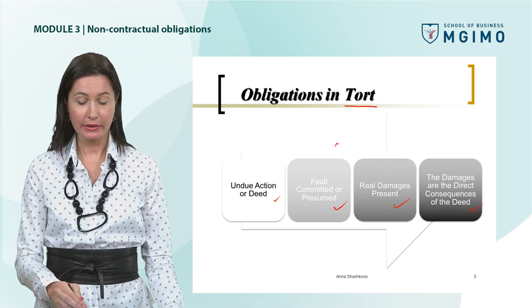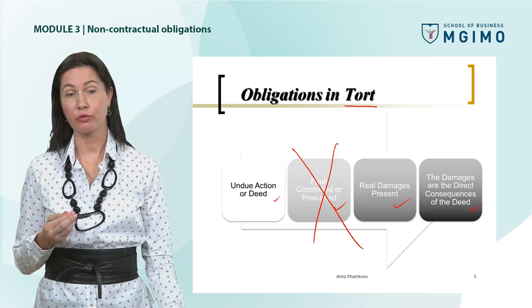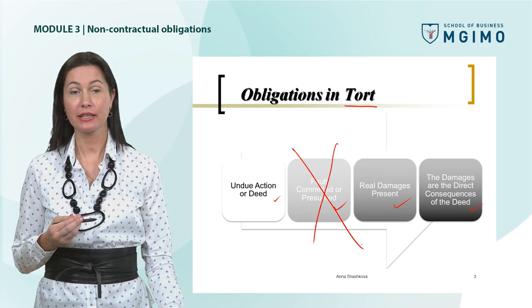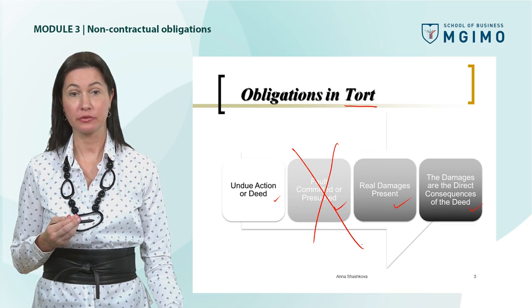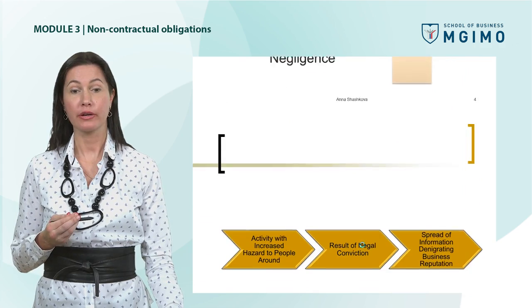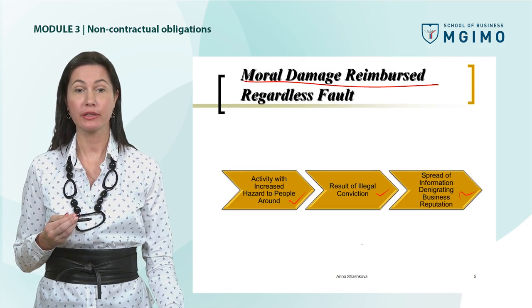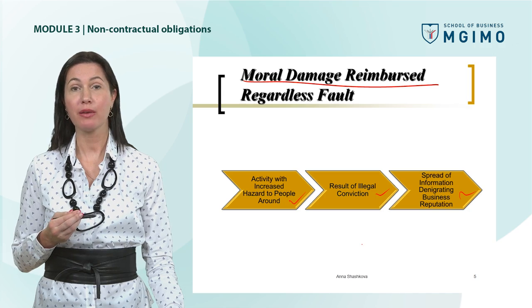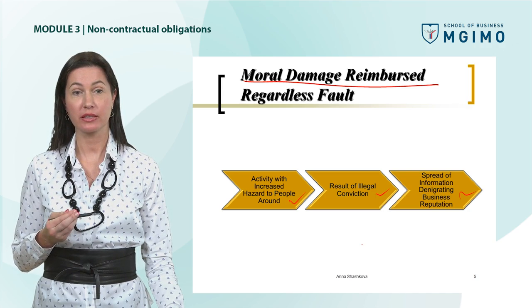We do not need fault here. Fault is of the pedestrian. Liability is of the driver. So the driver is liable without fault. Moreover, in all these cases, it is possible to reimburse moral damage. Moral damage may be reimbursed only in cases provided by law. This is the case which is provided by law.